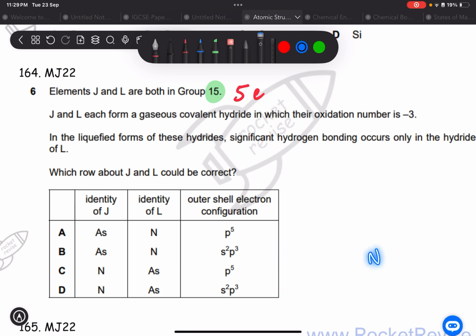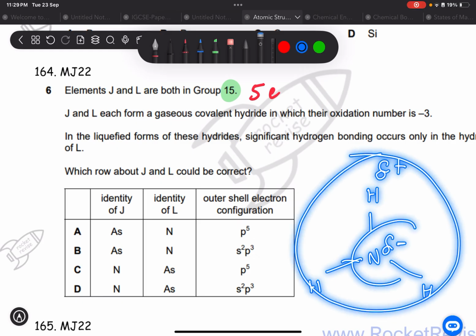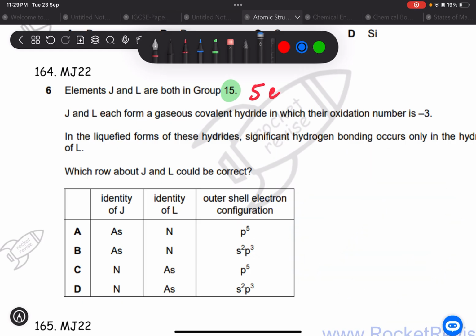So in NH3, this is going to be the shape. Hydrogen is going to be partially positive, and nitrogen is going to be partially negative. So there's going to be a 3 negative charge on nitrogen.